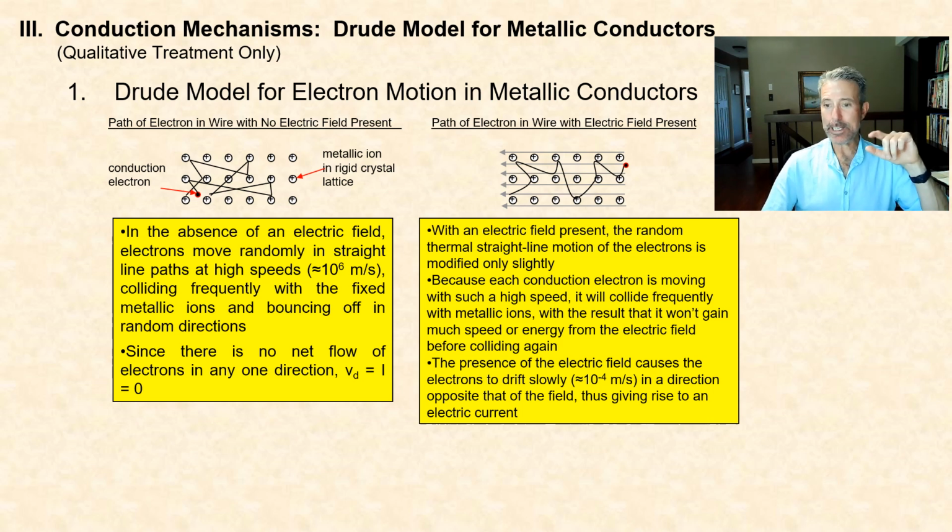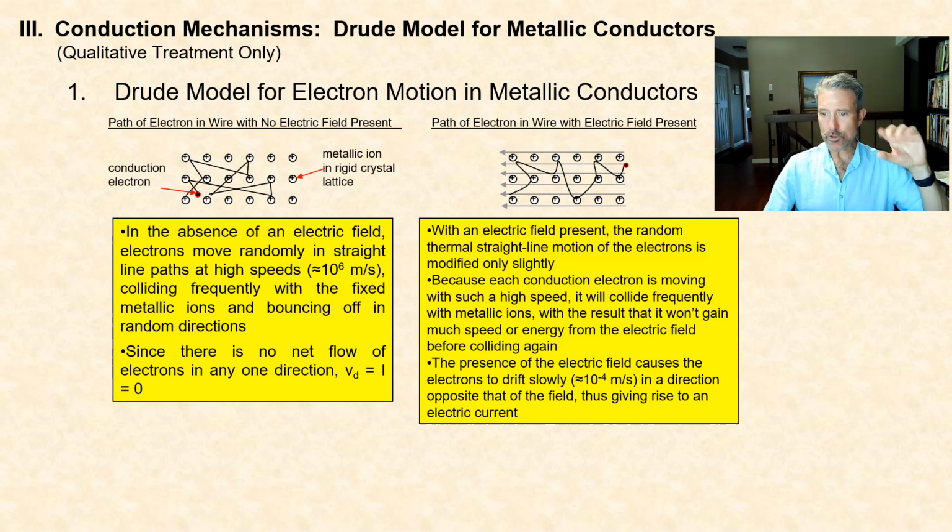Now, if you think about it, if the metallic nuclei were not there, and you subjected an electron to an electric field, which would exert a force on it, that force would cause these electrons to accelerate, and those electrons would move down the wire faster and faster and faster. Their speed would end up being quite large.